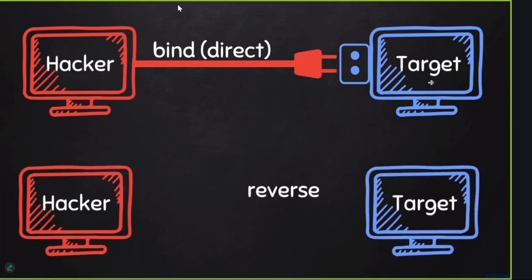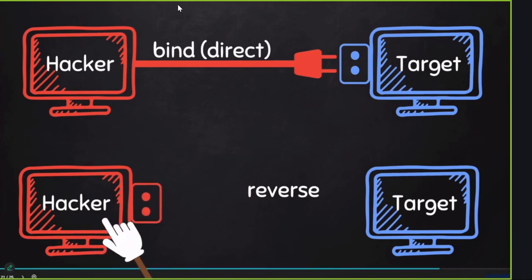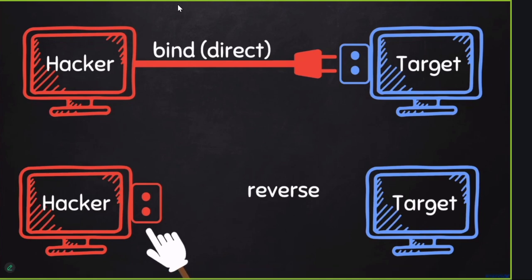However, if we go with a reverse connection, we do the reverse. So instead of opening a port at the target computer, we actually open a port in our own computer. Therefore, even if our firewall complains about this, we can disable the firewall because we are doing this ourselves and we know what we are doing.